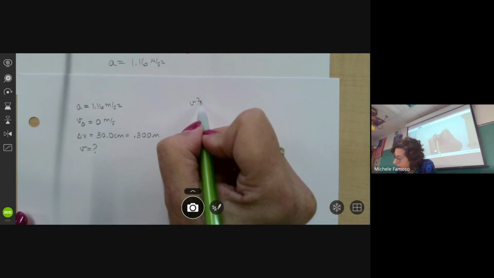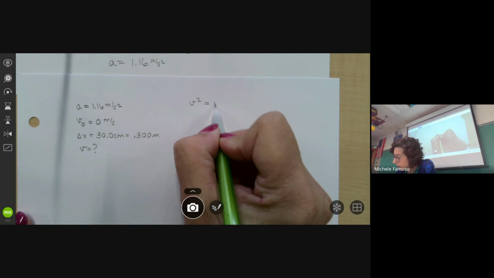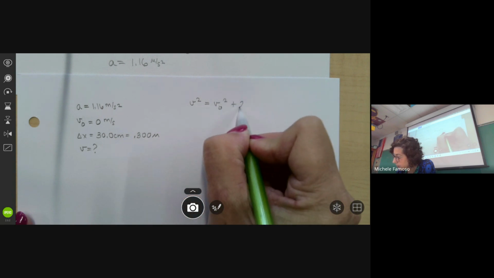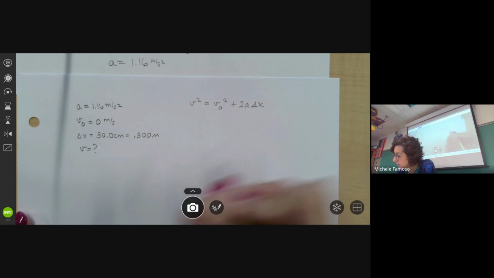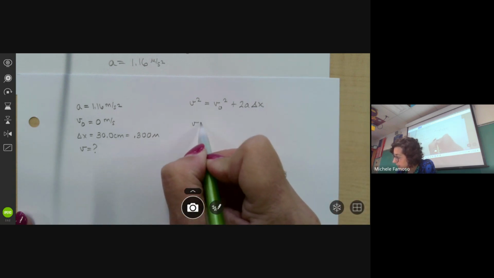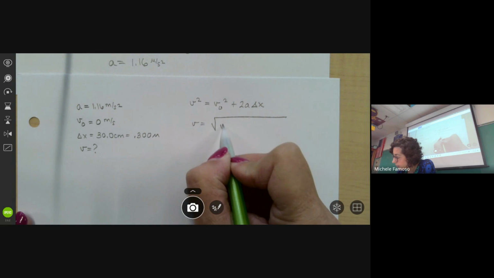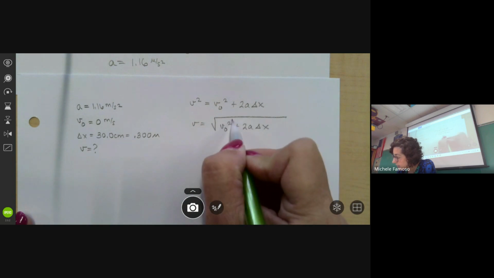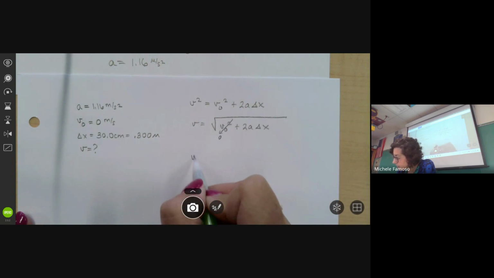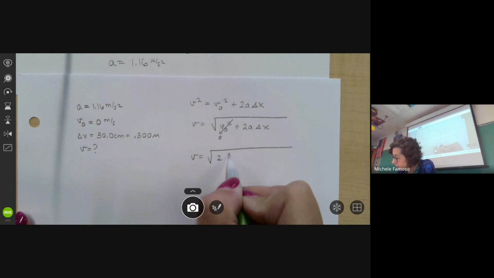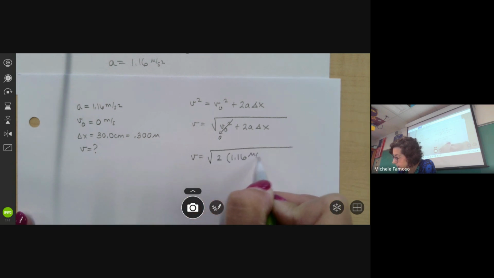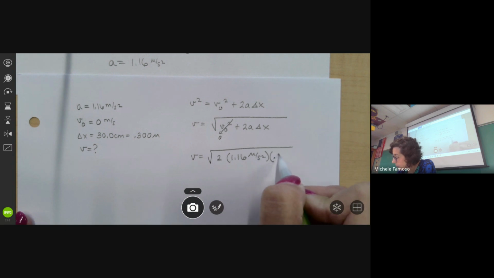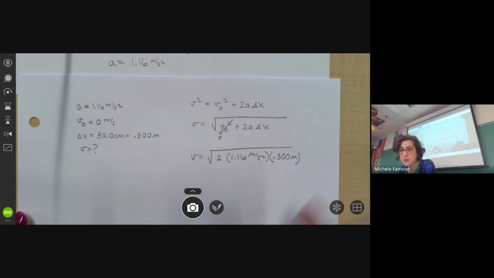Since I don't have time, I'm going to use final velocity squared is initial velocity squared plus 2a times the displacement. So that final velocity is the square root of the initial velocity squared plus 2a delta x. That's 0. So I'm going to do the square root of 2 times 1.16 meters per second squared times 0.300 meters.